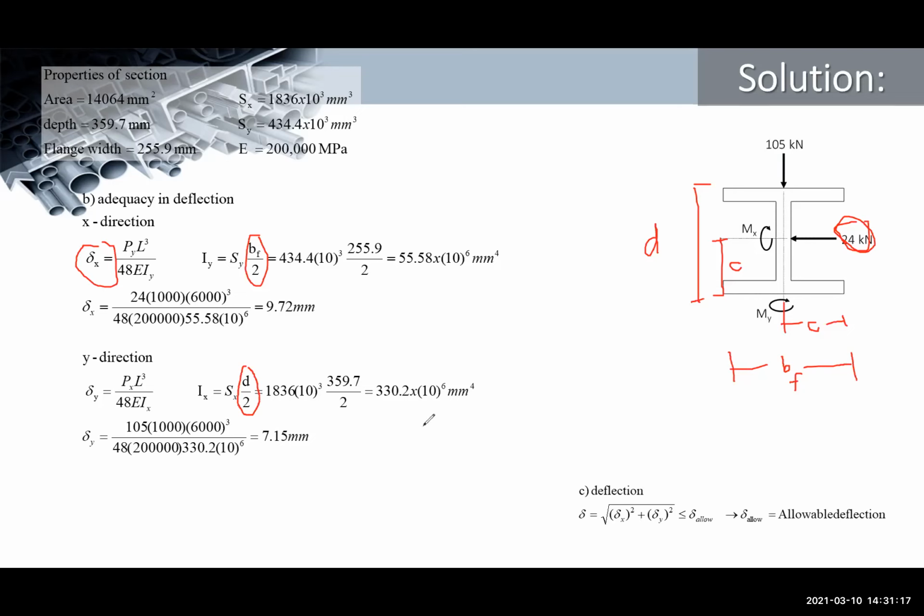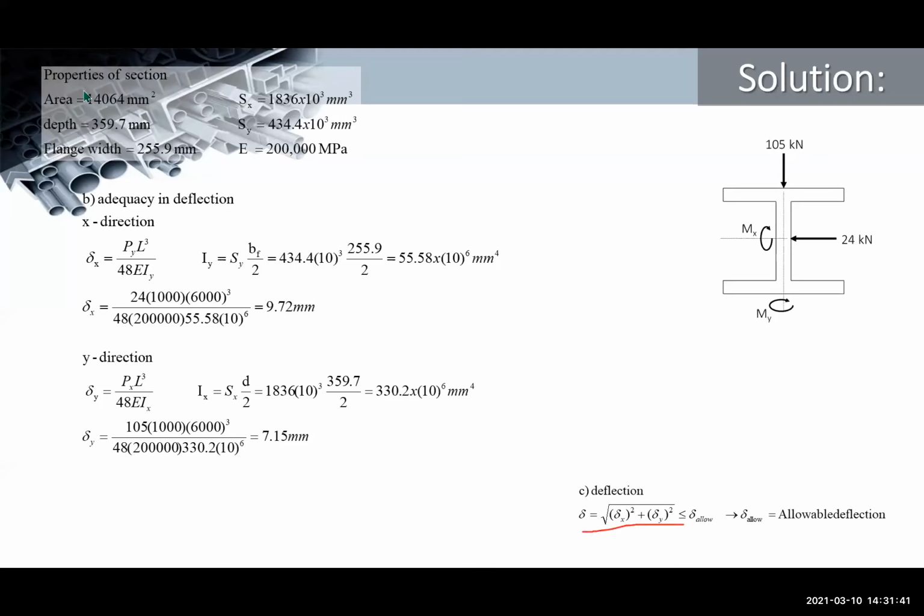Yan na. So, then substitute the section modulus of Sx and then Px. Then, makukuha natin yung deflection sa y. Then after that, we will get your resultant to compute the allowable.